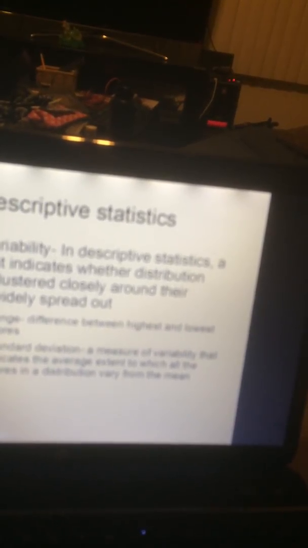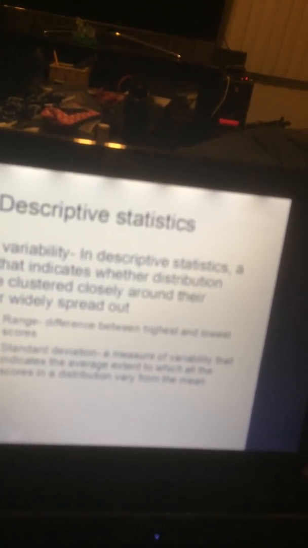Talk about the Stanford-Binet IQ test, or I think it's the Wechsler IQ test. The average is going to be 100. That's the mean if it's a normal distribution. 100 will be the X, the mean. And there's going to be a standard deviation of 15 above and below the mean, so it's going to be 85 to 115.